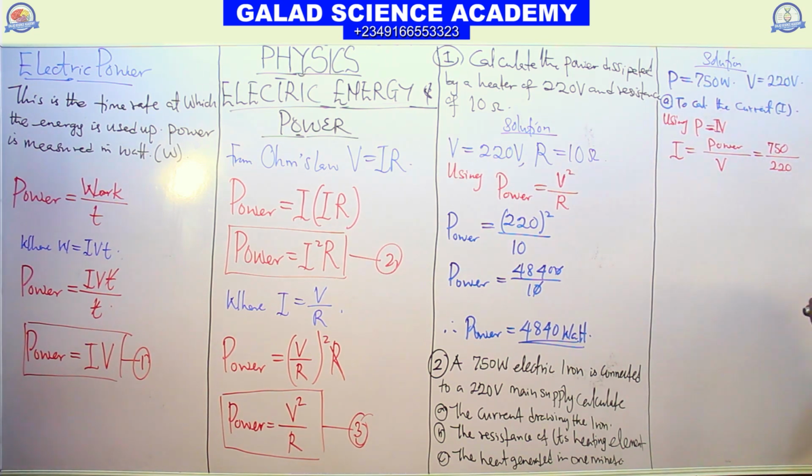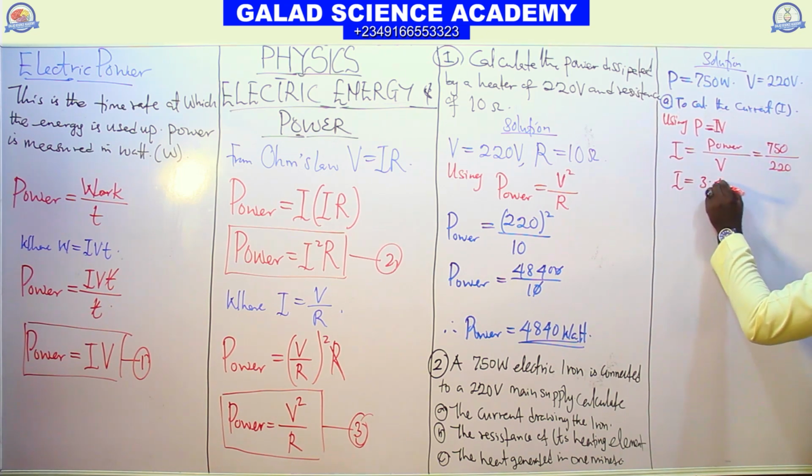Dividing 750 by 220, we get 3.41. So the current I is equal to 3.41 amperes. That is the current.